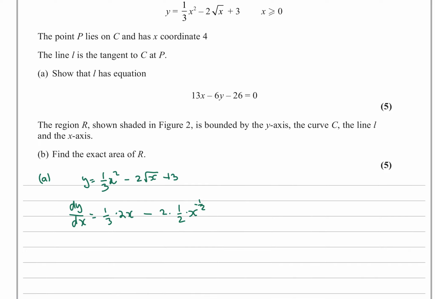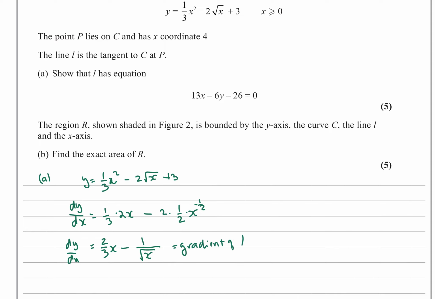So that is equal to 2 over 3 x minus 1 over x root x, that is the gradient of the line L.